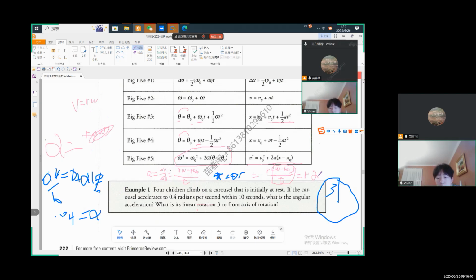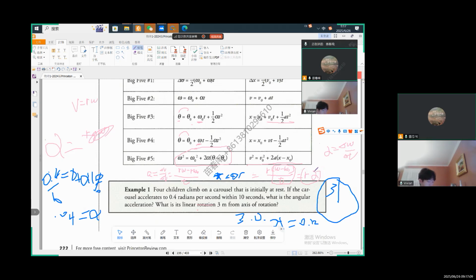Wait, because alpha is delta omega over delta t, right? Oh, and we already found alpha. Yeah, we already found alpha. You can just use 3 times that 0.04, right? There's kind of some deducing in here.